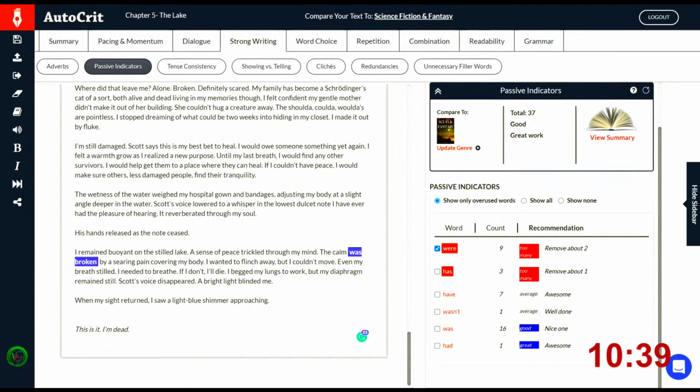The calm was broken by searing pain covering my body. Okay. The calm. Broke.